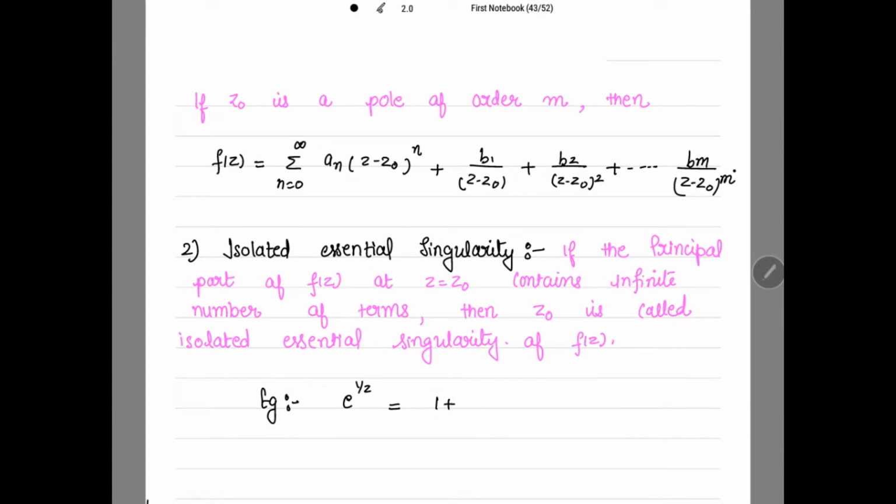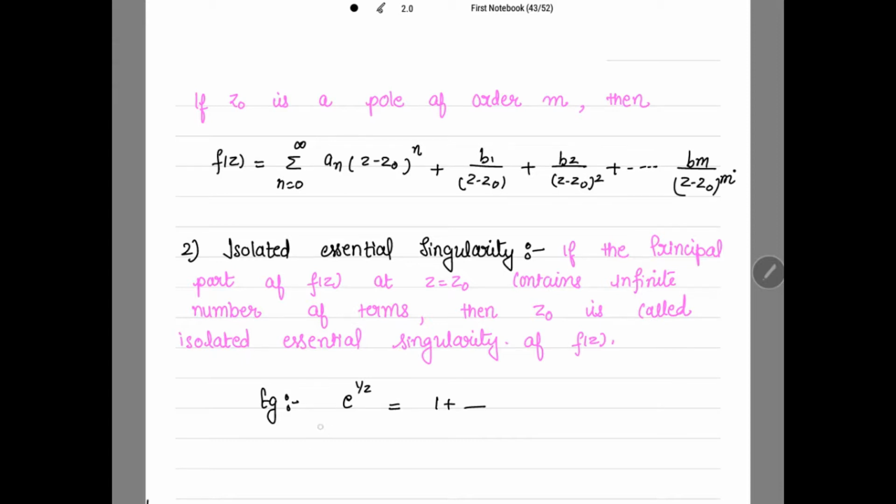Before expressing it, please tell me what is the singularity for this function. The function is not defined at z equal to 0, because at z equal to 0 this power becomes infinite and the function becomes infinite. So what are the points?